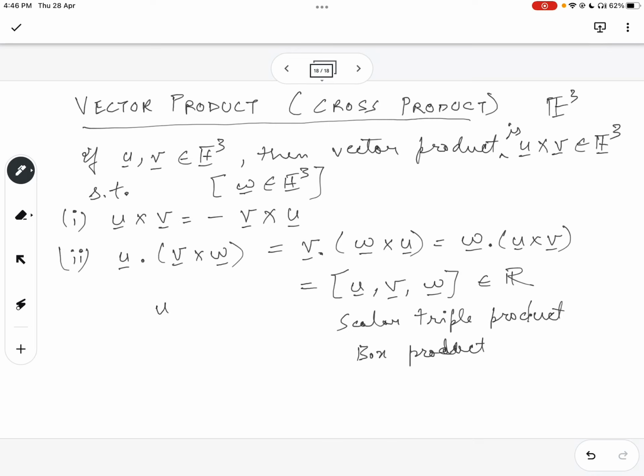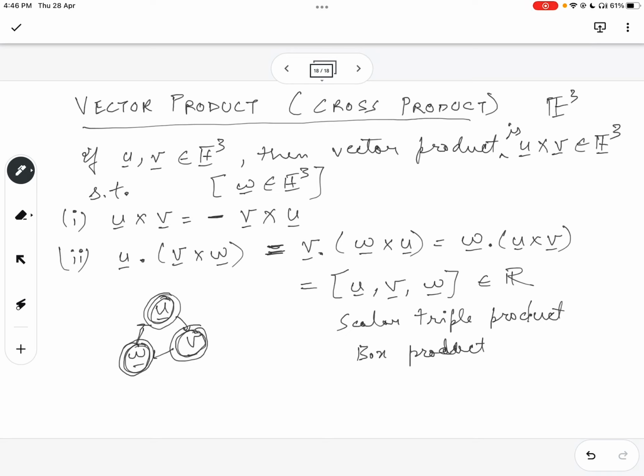So we can see that this is cyclical: this equality holds when this cycle is followed, that is, when u, v and w are in this order, u dot v cross w is equal to v dot w cross u is equal to w dot u cross v.